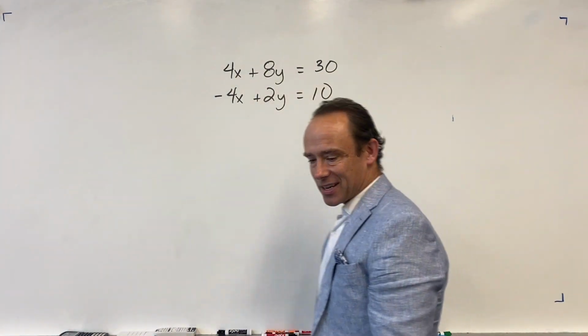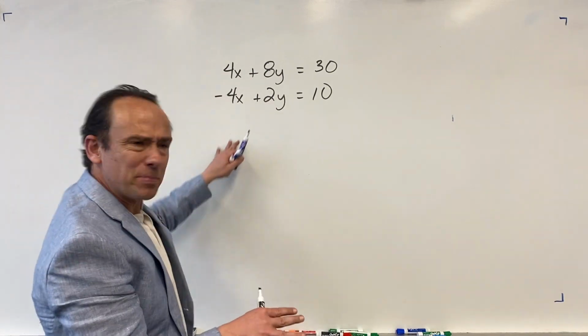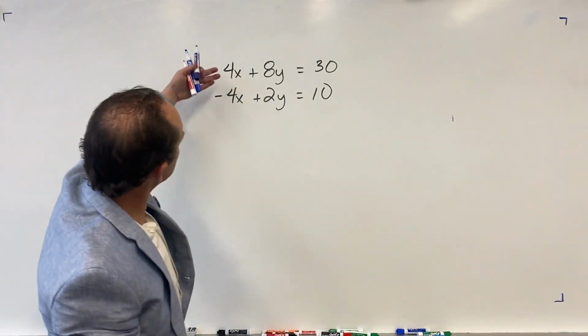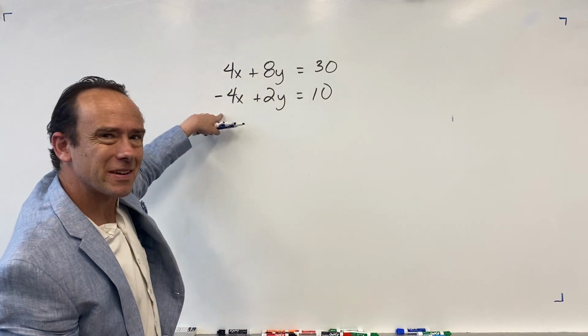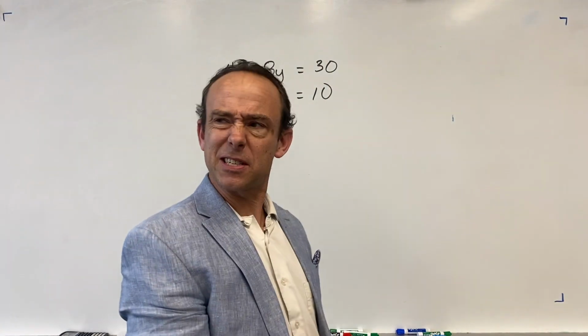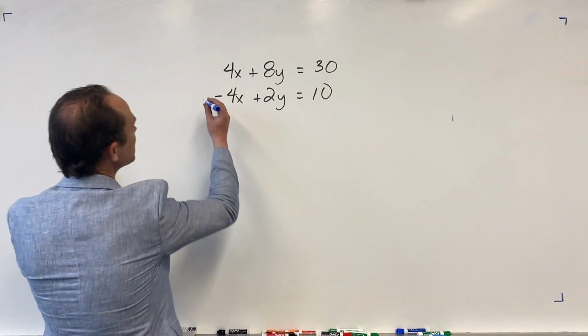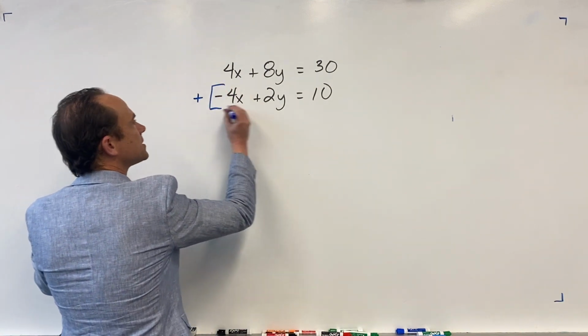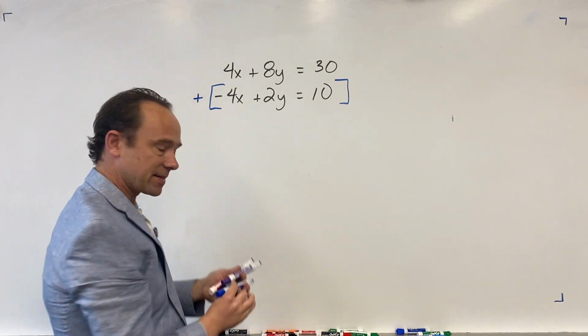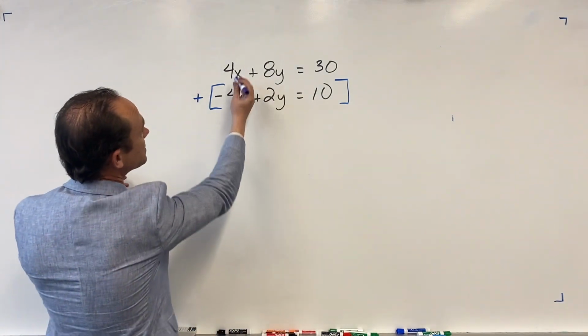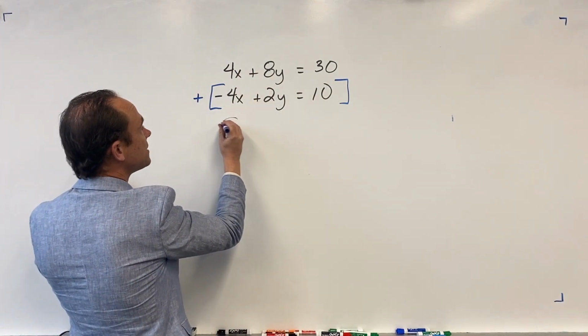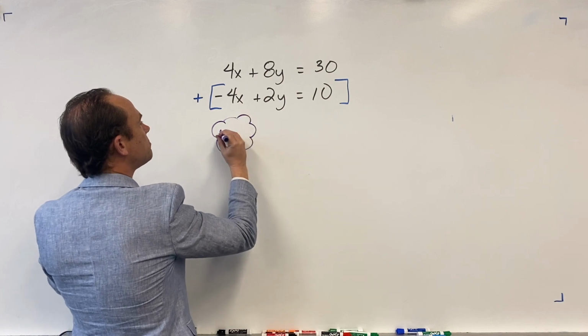All right, so this one is a little bit different as we approach it because these signs are different. I got a positive and a negative. Last time we subtracted. This time I'm thinking, actually, if I add these two equations, that's what's going to cause the elimination, because now I get 4x plus negative... There is the poof.